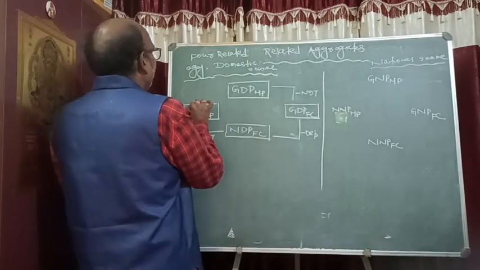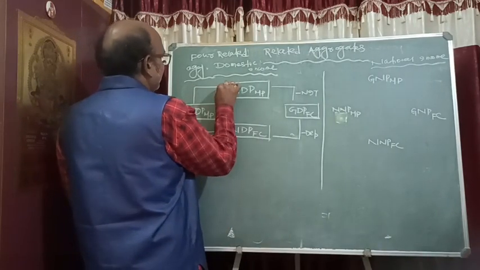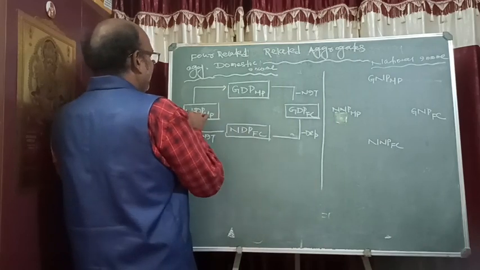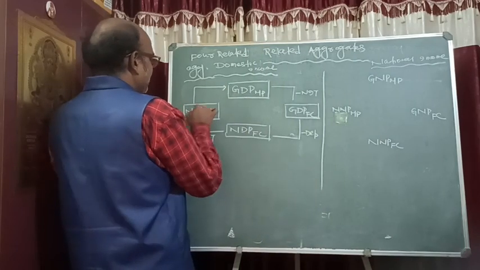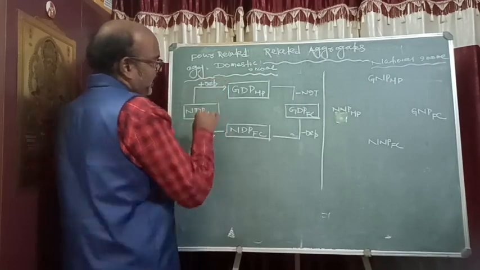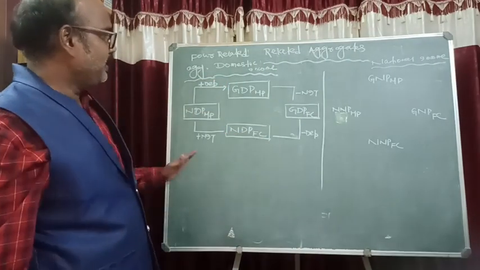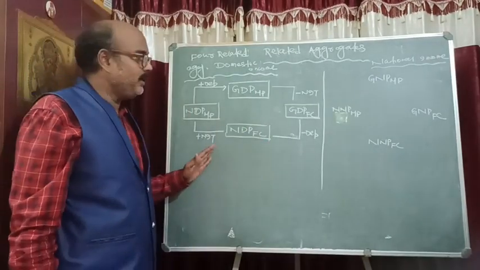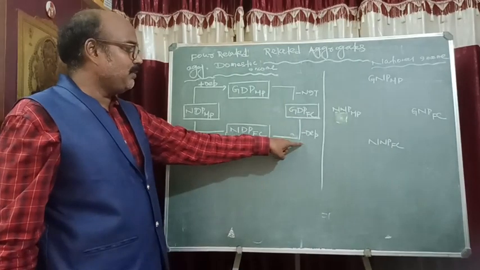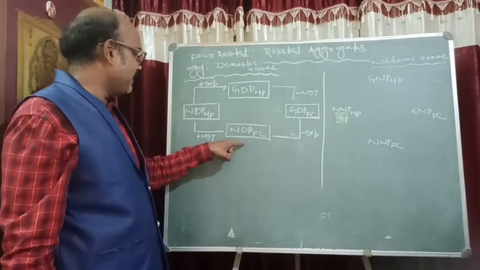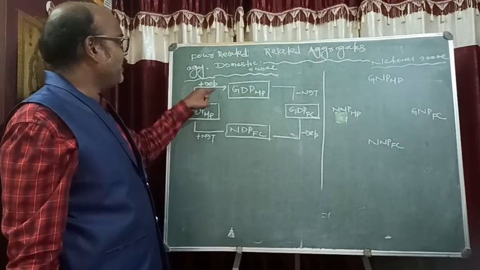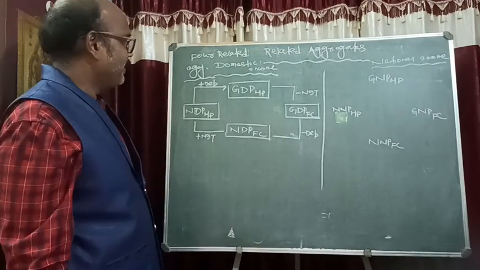From NDP-MP, if you want GDP-MP, only gross and net is the difference, so you add depreciation. Is it clear? So in this way the four are related. GDP-MP minus NIT, GDP-FC. GDP-FC minus depreciation, NDP-FC. NDP-FC plus NIT, NDP-MP. NDP-MP plus depreciation, GDP-MP.